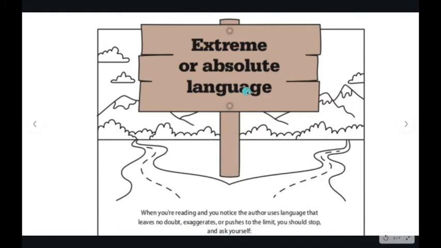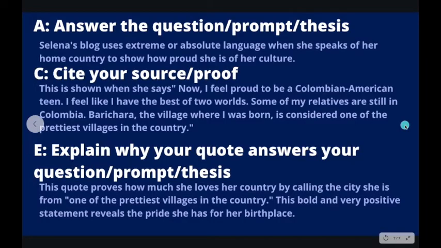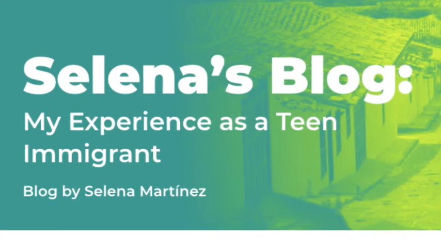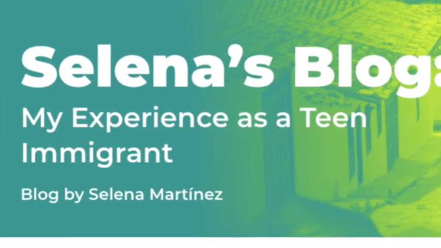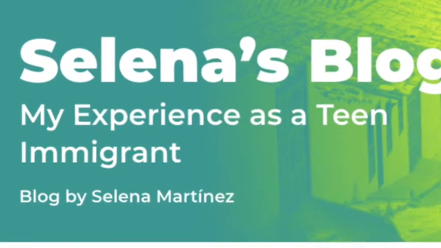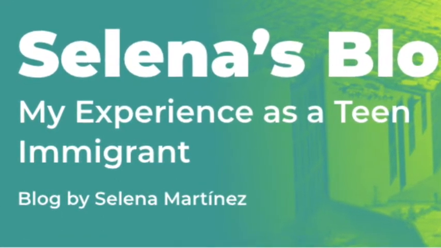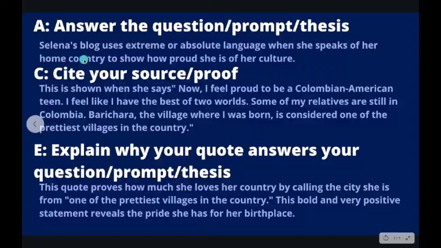Now I'm going to use the example of Selena's blog. So let's go ahead and look at that. Selena's blog was the first reading we did in class, and it was a quick blog about a girl who was an immigrant from Colombia, and she talked a lot about her experiences. And she used extreme or absolute language when she was speaking of her home country.